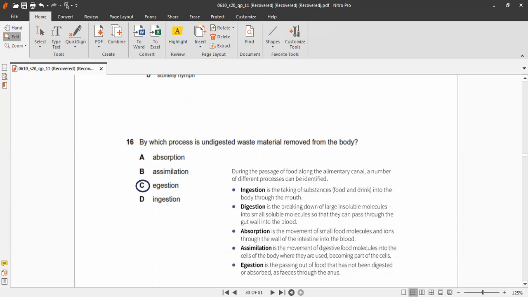That is the movement of small food molecules and ions through the wall of the intestine into the blood. Assimilation is the movement of digested food molecules into the cells of the body where they are used, becoming part of the cells. Ingestion is the taking of substances, food and drink, into the body through the mouth.